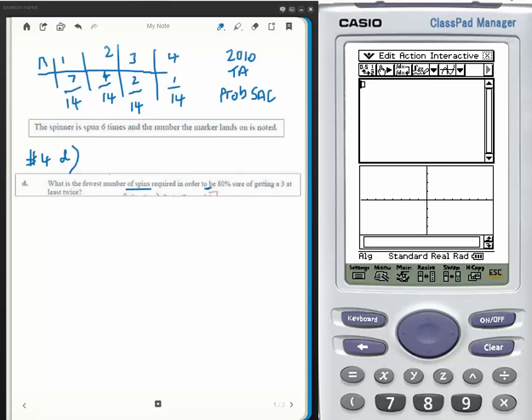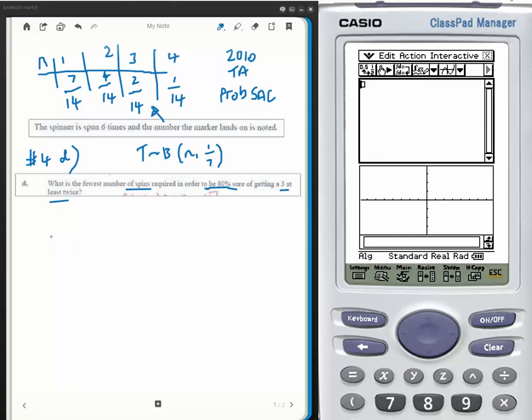Therefore, my probability has to be greater than 0.8 of getting a 3 at least twice. So I now have t as being a binomial. I don't know how many spins there are, but the probability of getting a 3 is 1/7, and I get that from the table.